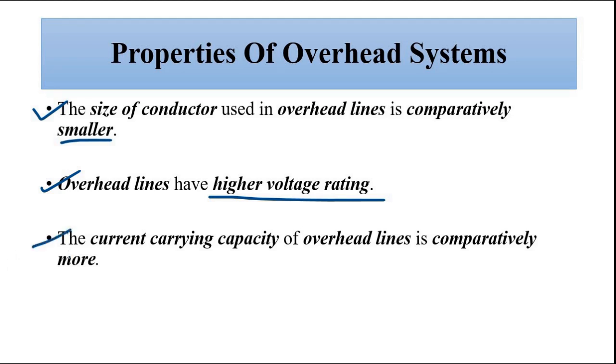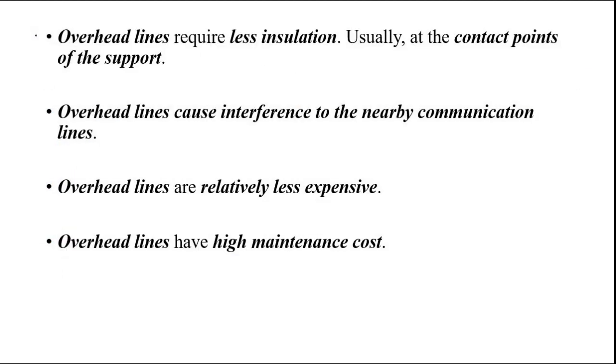Then the current carrying capacity of overhead lines is comparatively more as compared to the underground lines. So this is the third important property of overhead systems. Then the overhead lines require less insulation as compared to the underground lines. As less insulation is required, there is less cost, less maintenance, everything less.